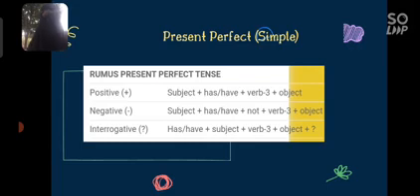Next, if negative, you can use subject plus has or have plus not, verb 3, and object. And if interrogative, you can use has or have first, and then add the subject plus verb 3 and the last, object.